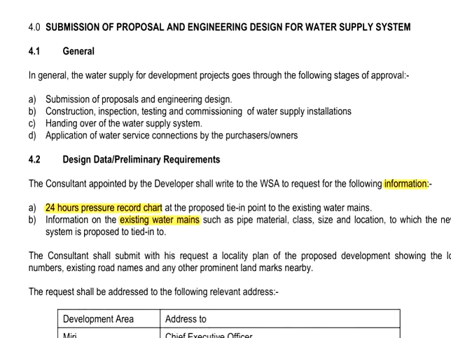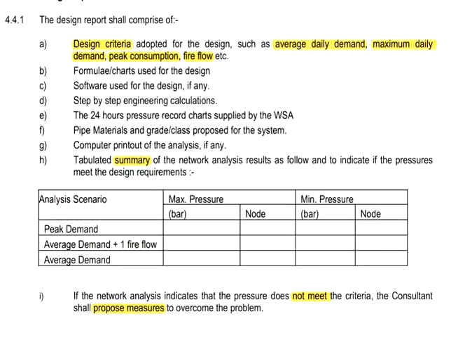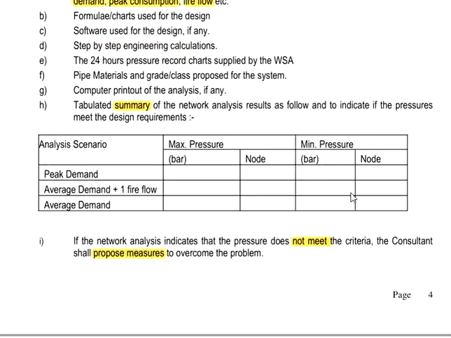To make it simple, you will need the information for the 24 hours pressure record chart. Based on the chart, you will get the maximum pressure and the minimum pressure in a day. And then, based on the layout of the water reticulation system, you will need to perform the network analysis, calculate the head loss, in order to determine the maximum pressures and the minimum pressures under various circumstances.